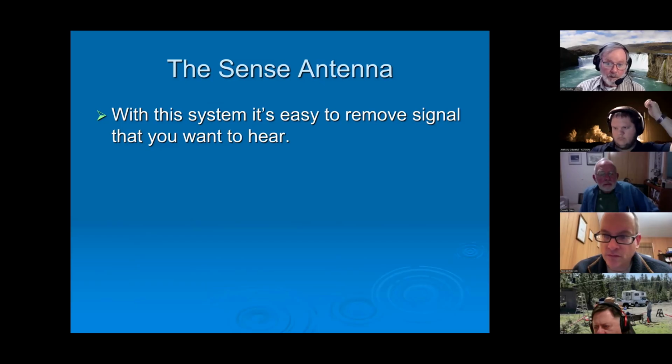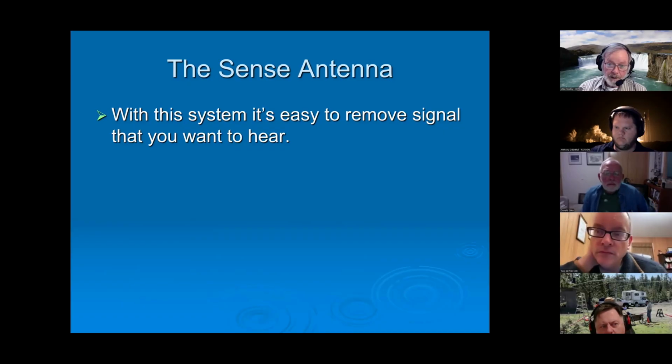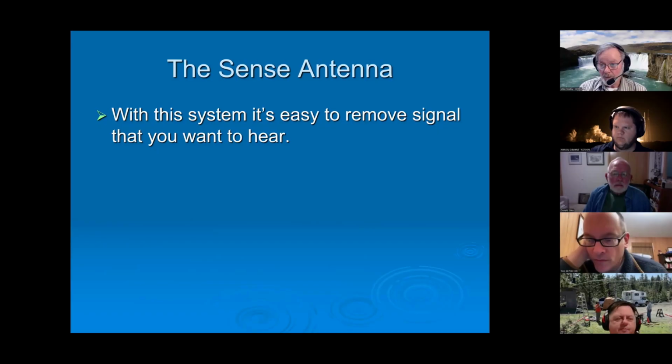This is just a caution: if you put that sense antenna in a place that receives all the good signals, those good signals are going to get combined or added to what you're getting off of your big main antenna, canceling out all the good stuff coming off of your big antenna. So it's not going to work the way you want it.